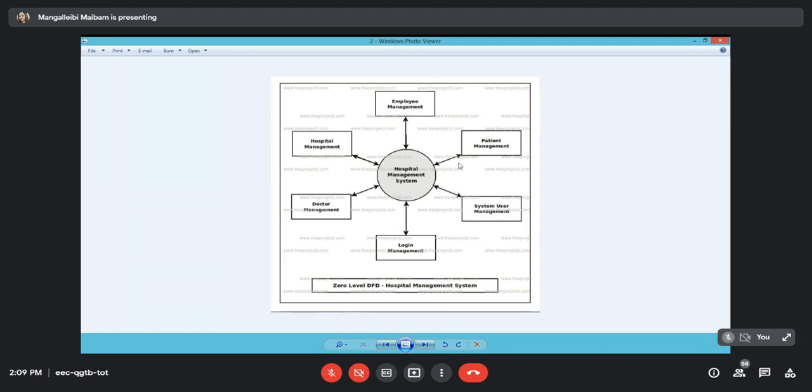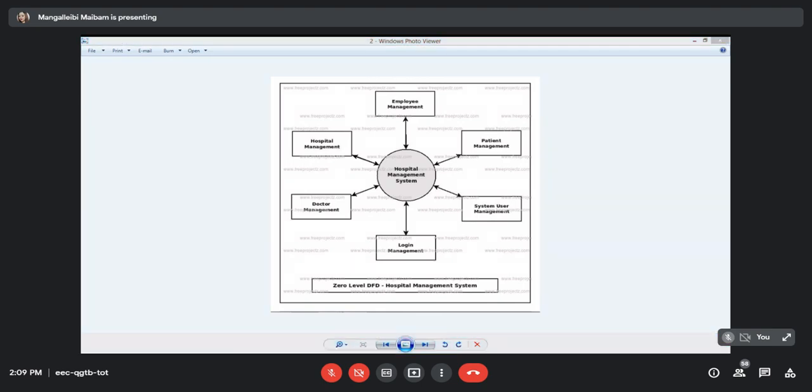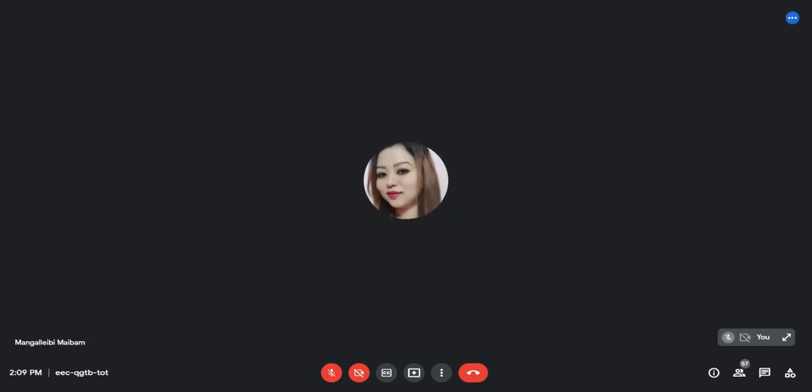This is the whole process, and these are the certain entities associated with the hospital management process. Okay, so this is zero level diagram. So like this also you can draw the zero level diagram, the basic information.